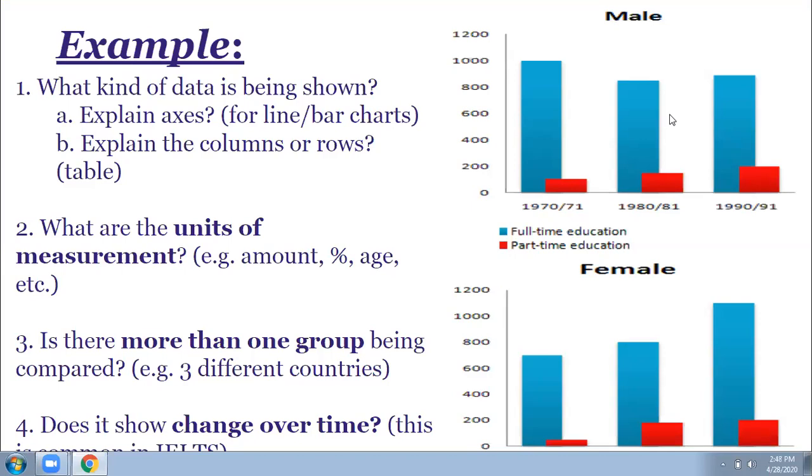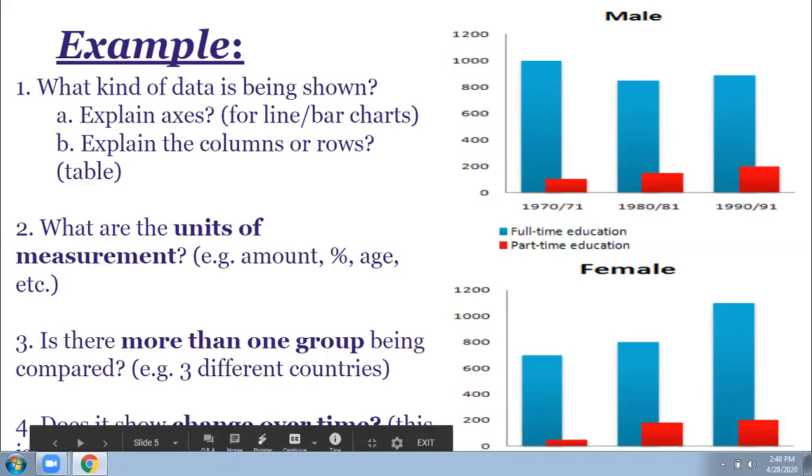Coming to the next, the units of measurement. The statistics are in numbers or in thousands. Coming to the next question, is there more than one group being compared? Yes, clearly we can see that there is a comparison between males and females. And there's another comparison between full-time and part-time education.